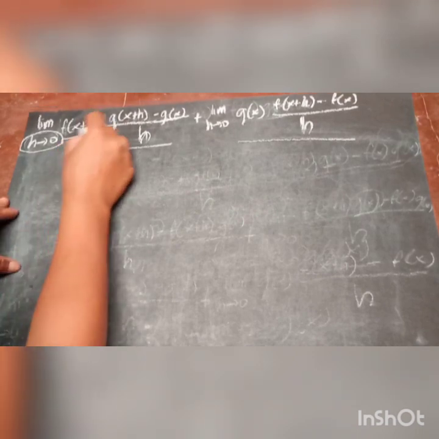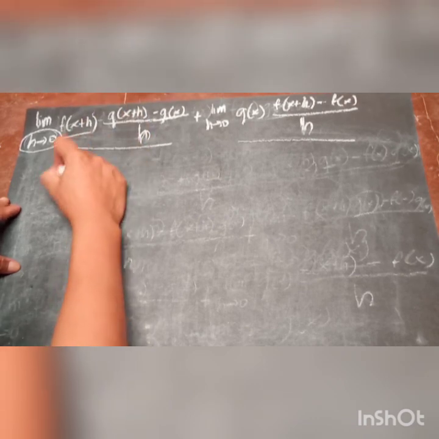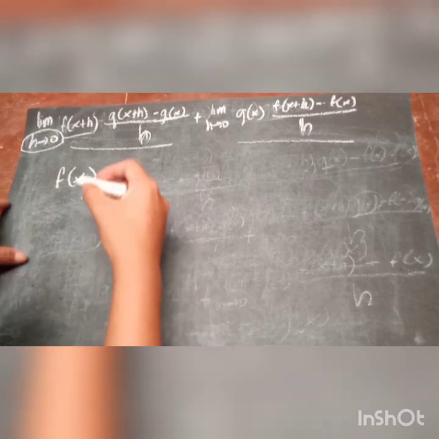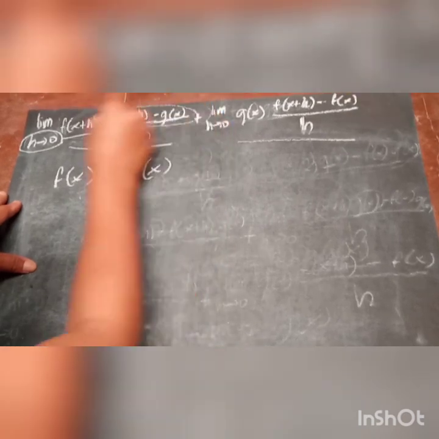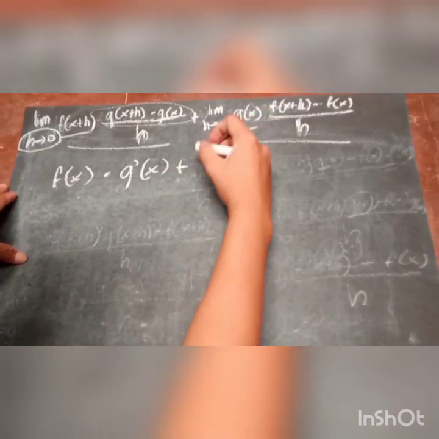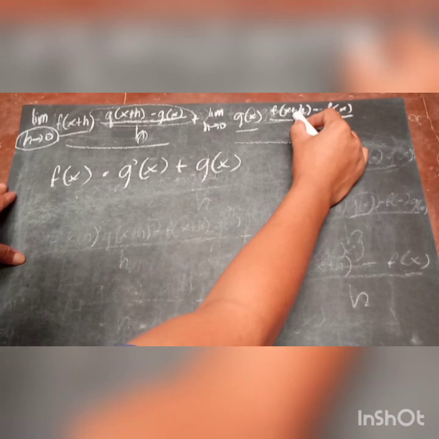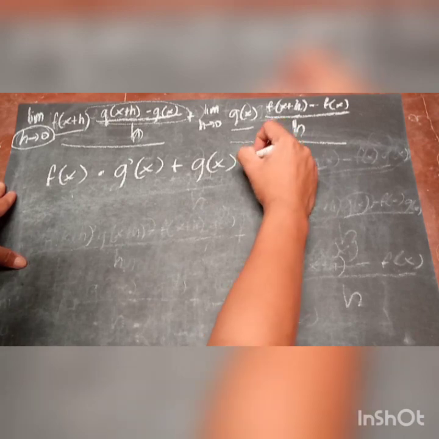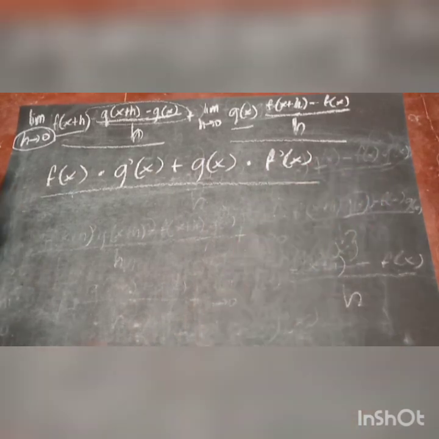So here we substitute h as 0, so we're left with f of x times the derivative of g of x, that is just the definition, plus here this is just g of x, and substituting 0 here, we're left with times f prime of x, that is also the definition.